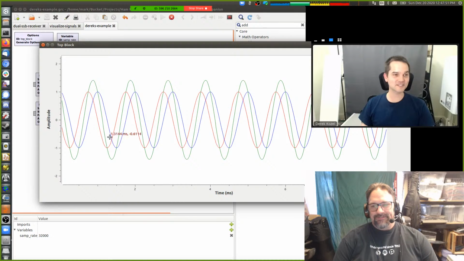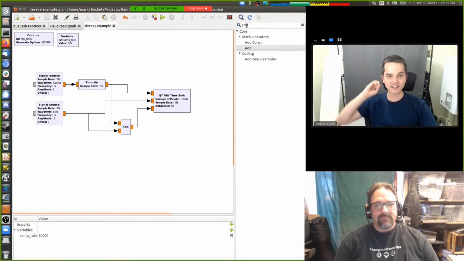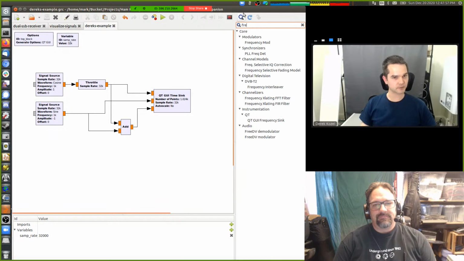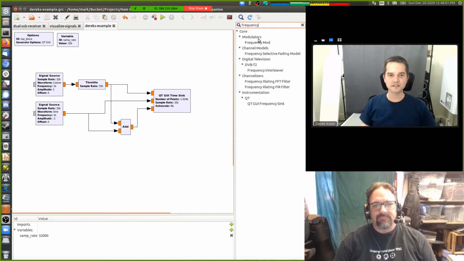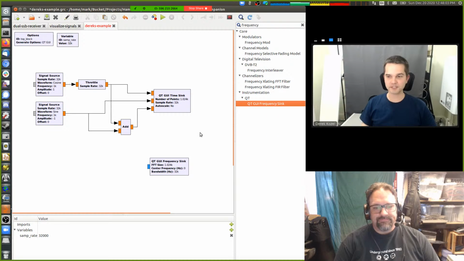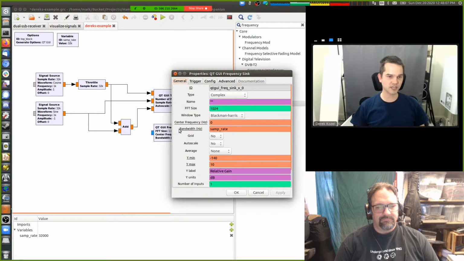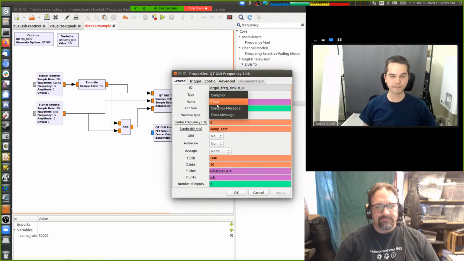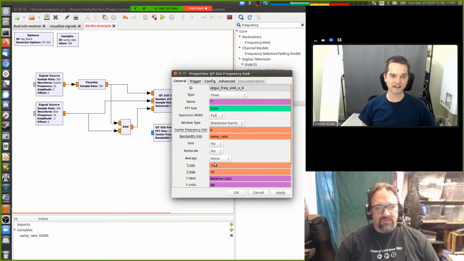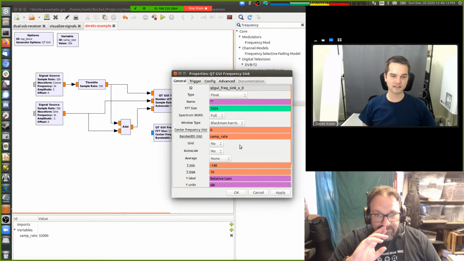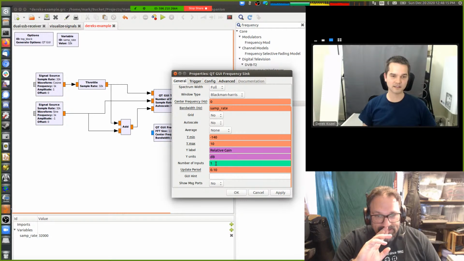Let's start looking at this in the frequency domain. That's not the window I want. I want yours. So drop in a frequency sink, and let's change this to a float. Does it have a number of inputs? Yep, it does.